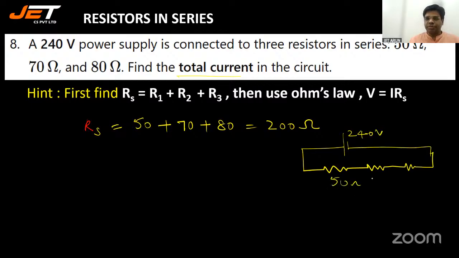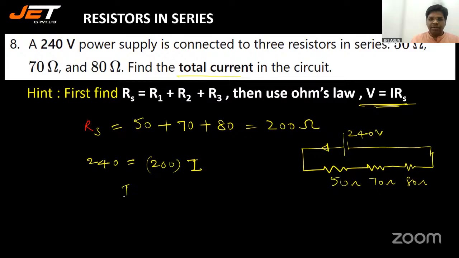Now the current through this, I'll use Ohm's law. 240 volts, the power supply, is equal to 200 times I. Required is I. I is equal to 240 by 200, which is 1.2 amperes, as Pranita said.